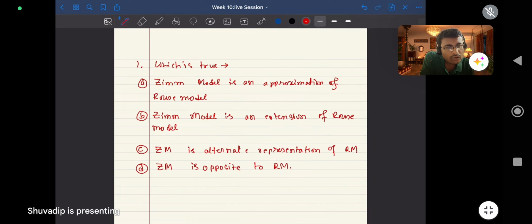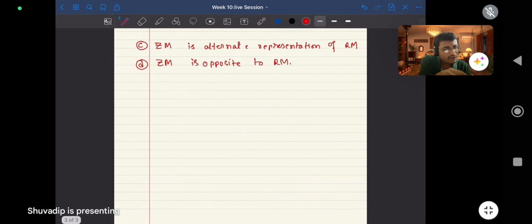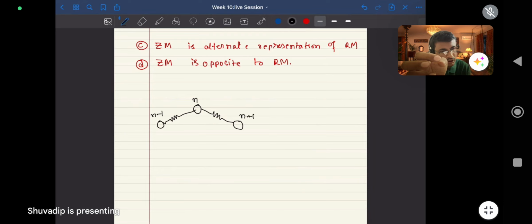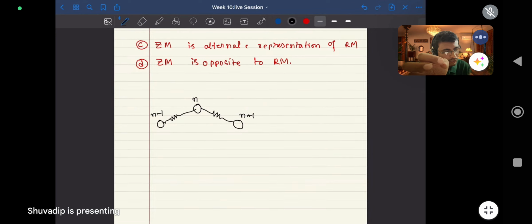What we have done in the Rouse model: suppose this is one of the polymer segments, and suppose this is the nth bead of the polymer, and this is the n plus 1 and n minus 1 bead, like this. Suppose this is n plus 1, this is n, this is n minus 1. So the energy associated with the nth particle was given by something like, let's say, force or energy.